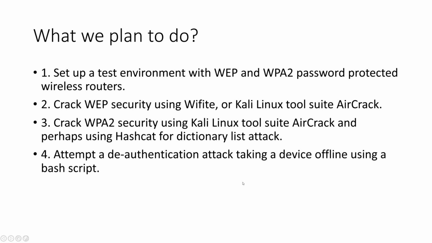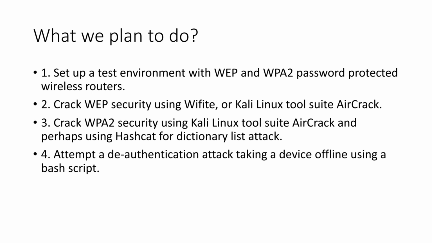And then one of the other things that we plan on doing is showing a bash script that was used as a result of something that happened in 2015 where Airbnb hosts were found to be putting hidden surveillance cameras in their houses and rented apartments, etc. This was seen as a breach of privacy.